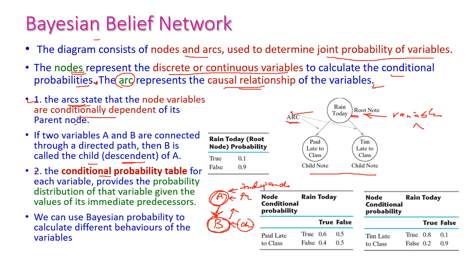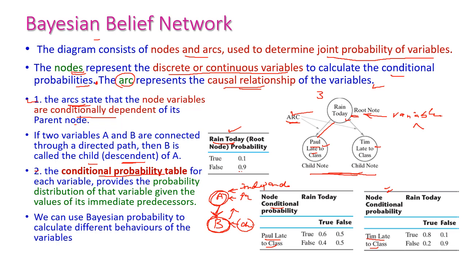And the next one is the conditional probability table. For each variable, in this diagram we are having three variables: rain today, Paul late to class and Tim late to class. For all the variables there is a separate conditional probability table. So this is for the rain today variable, and this table is for the conditionally dependent variable, that is Paul late to class, with respect to rain, and this is the other variable, Tim late to class, with respect to rain.